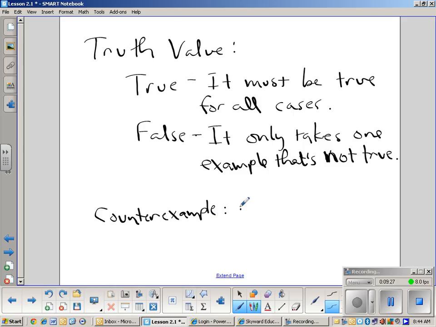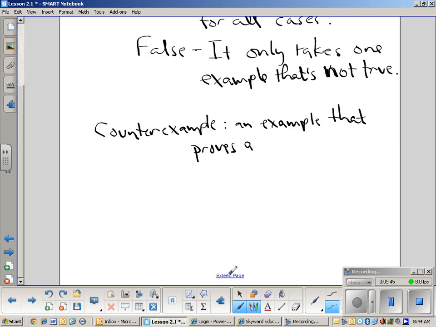That's an example that proves a conditional is false.